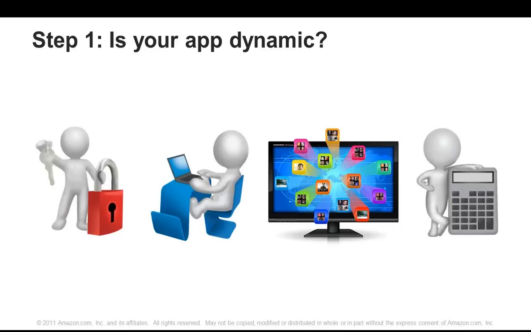But with Amazon Simple Storage Service's website feature, where Amazon S3 can act as the origin for your website, you may not actually need Amazon EC2 to run your web app or website. So these are sort of four parts of is your app dynamic.